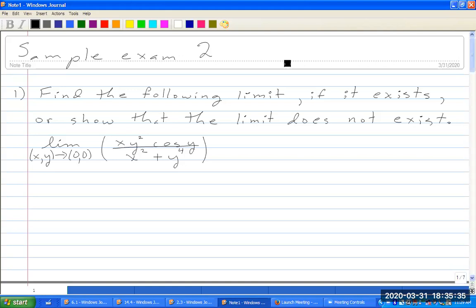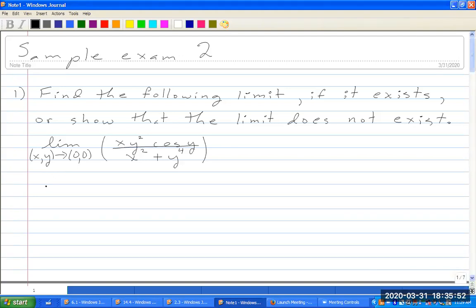Okay, so I'm going to look at the following. I'll look along the path where x is equal to, let's say, k y squared.